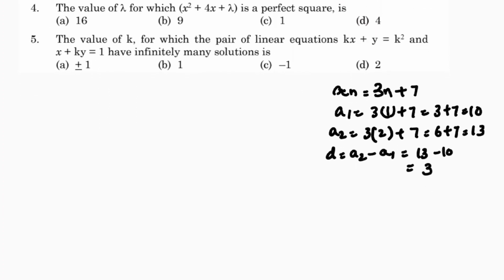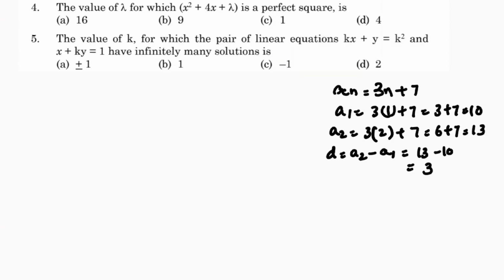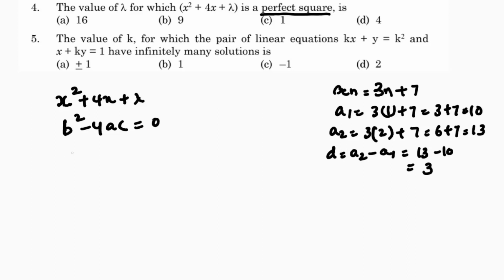Next question, the value of lambda if x square plus 4x plus lambda is a perfect square. If they ask perfect square, you should be careful. The roots will be equal. So if roots are equal, b square minus 4ac will be 0.